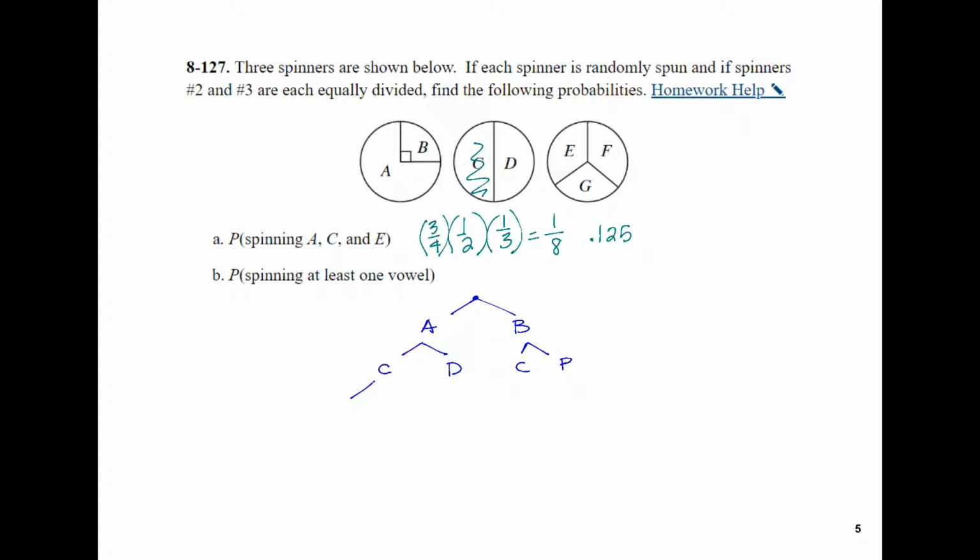And then when we spin spinner 3, we can get an E, an F, or a G. So we can see that from our tree diagram, we have a 5-6% chance of getting at least one vowel.